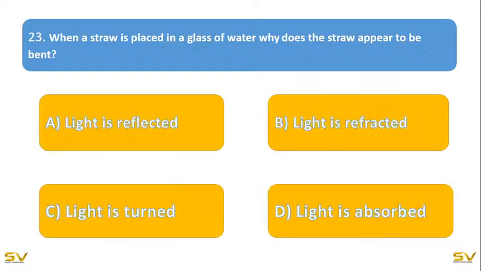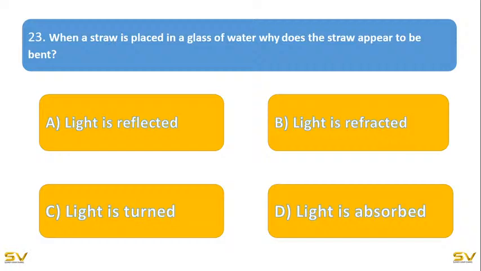Is light reflected, refracted, turned, or absorbed? So is it reflection, refraction, turn, or absorb? In your textbook there is a pencil, but here it is a straw. When you keep a straw in water, you find that there is a bend in it. So why?